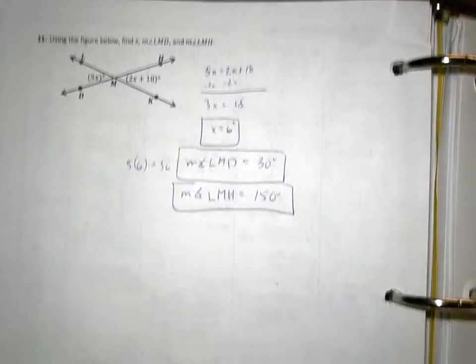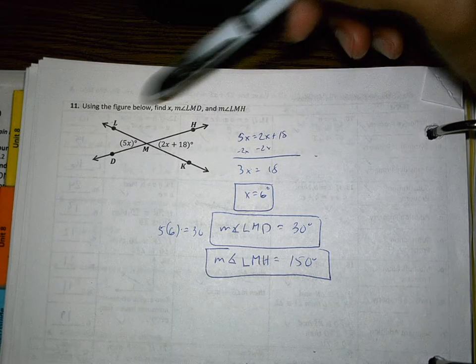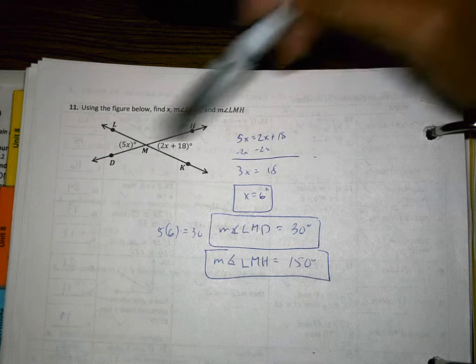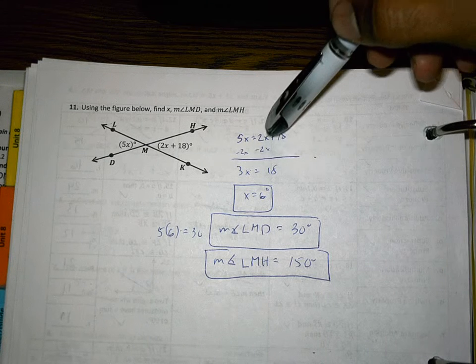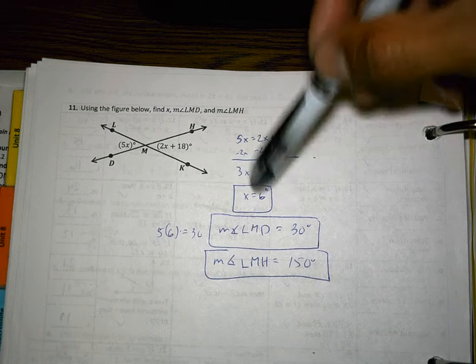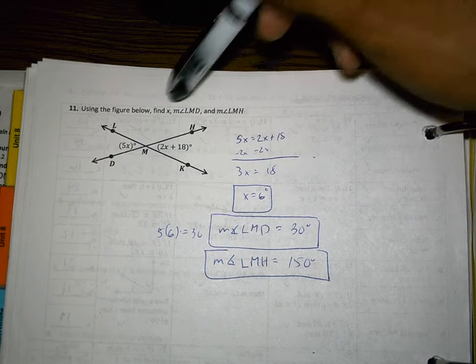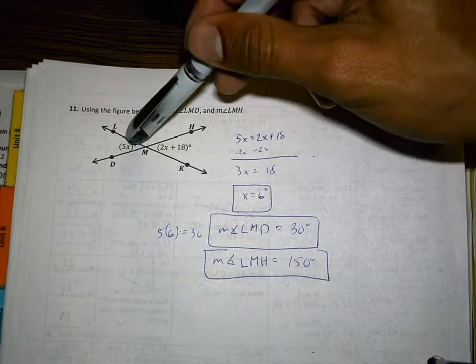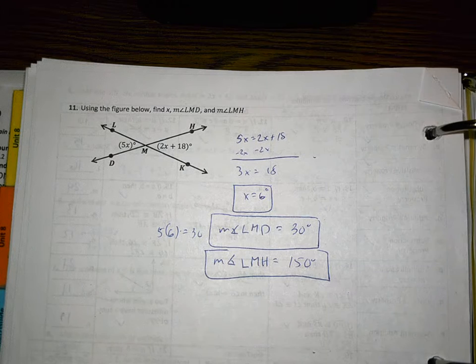The last problem that I have for you is number 11, and it was on the back side. If they're vertical angles, you should know that they are equal to each other, just like we talked about before. I find an x that makes them equal, and once I find that x, that was the first part of the question, I plug it back in to find the other angle as well.